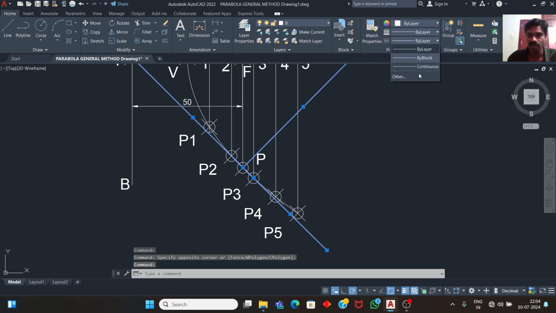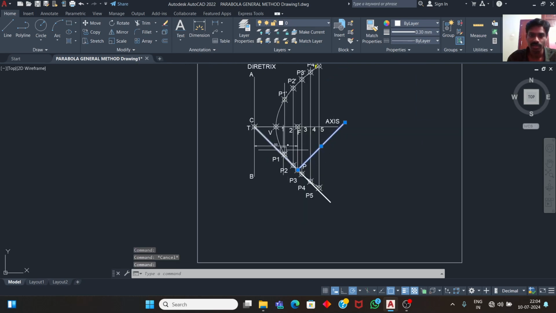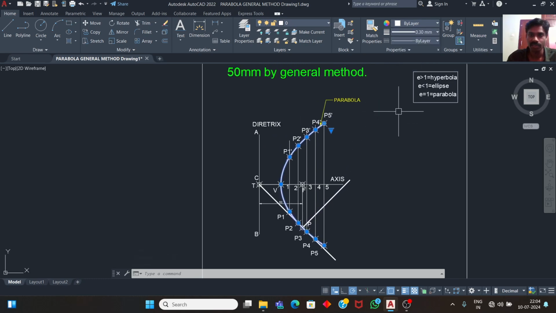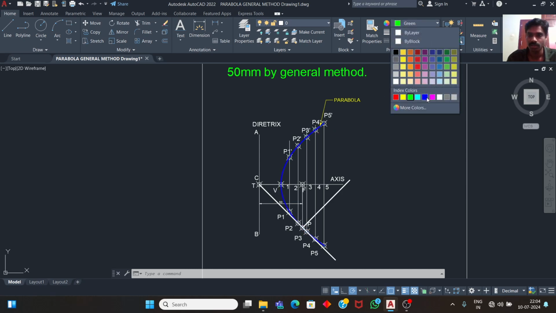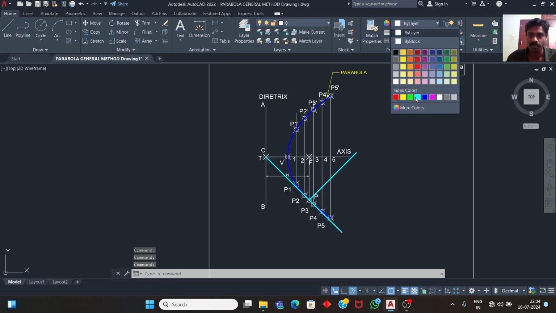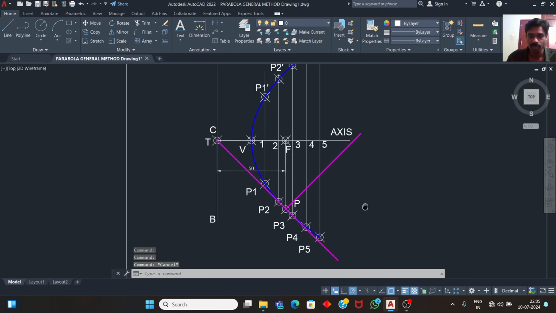Give the line weight for clear visibility, and this curve also give the line weight, and give the color if you want. Give the color to these two lines also for differentiating them.